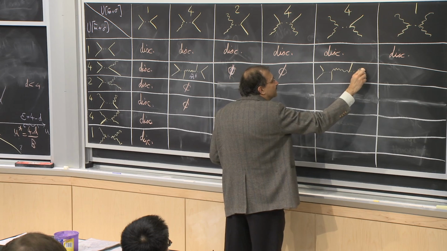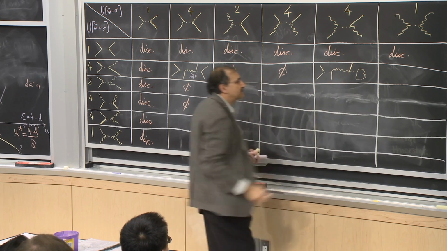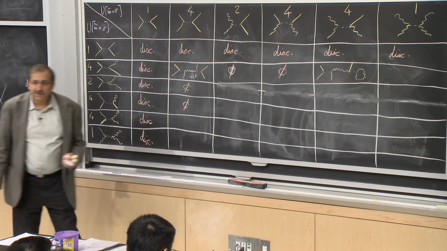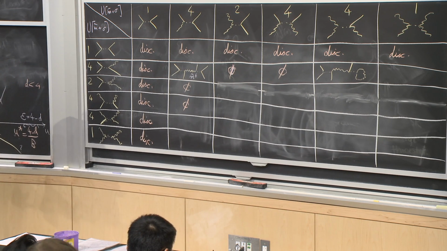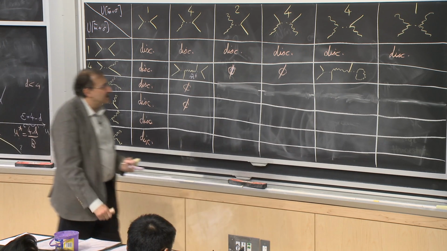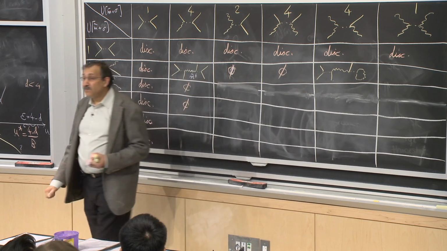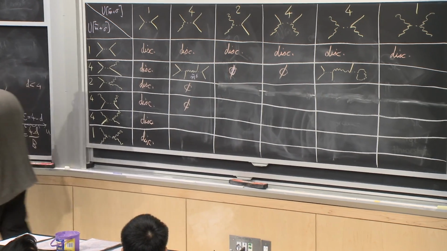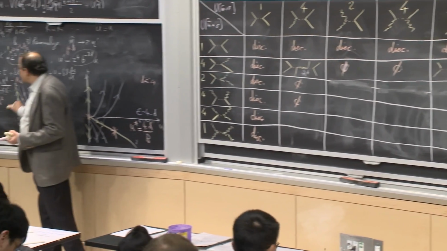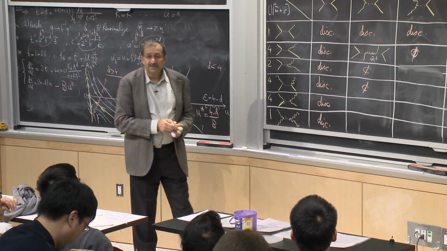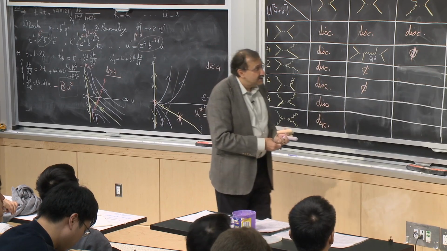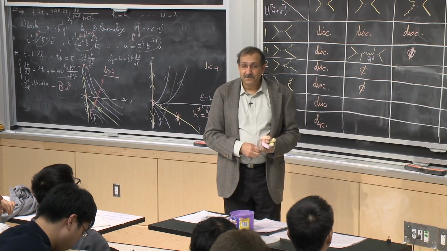And these 2 wavy lines can be joined together. That's a possibility. You say, OK, this is a diagram that corresponds to 4 factors of m tilde, so that should contribute over here. Actually, the answer is that diagram is 0.